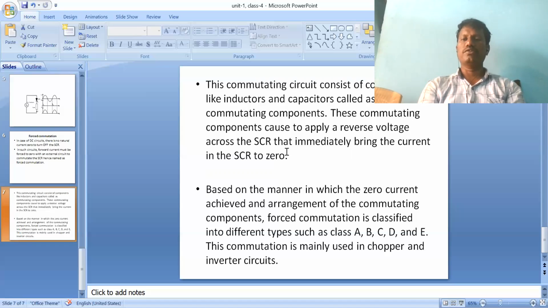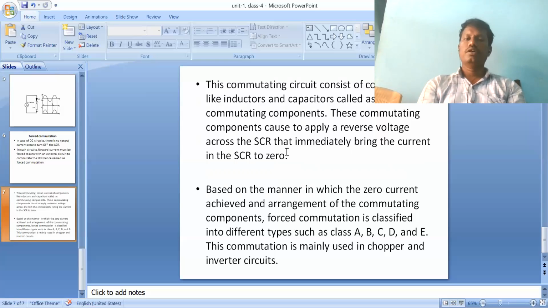The input supply is DC, so compulsorily you require some special external elements connected to the SCR to turn it off. Forced commutation is again classified into many types depending upon how the LC is connected: class A, class B, class C, class D and class E commutation. The next classes we will discuss one by one.